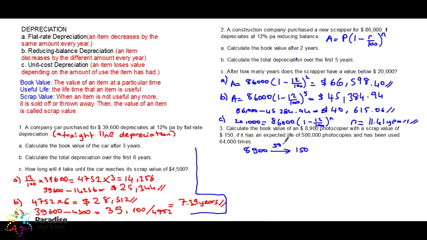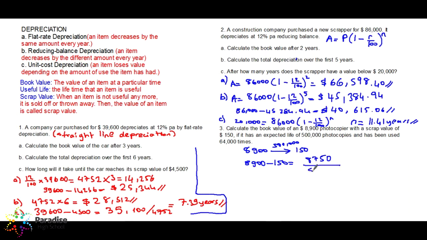So 500,000 photocopies. First of all, how much is the difference? 8,900, how much it depreciated? Minus 150. So it depreciated 8,900 minus 150, $8,750. And this depreciation is a result of 500,000 photocopies.